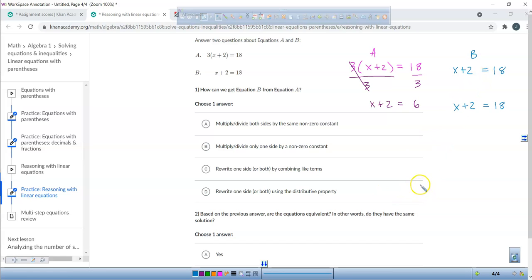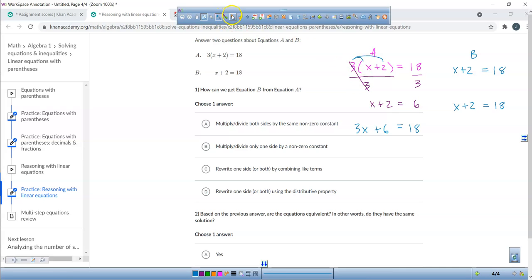So how can we get B from A? Let me see if I distribute it. I get 3x plus 6 if I distribute the 3 to both of them, equals 18. Well, the only way to do it is, looks like I divided.